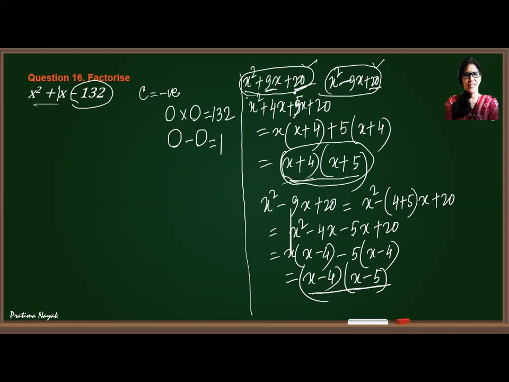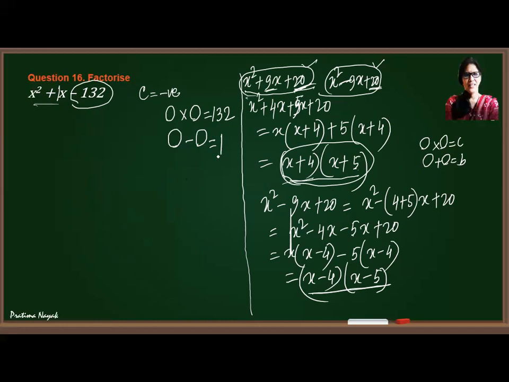When C is positive, like 20, at that time we take two numbers whose multiplication is C and addition is B. But here we'll take multiplication as C but subtraction as B, because they will be of different signs.